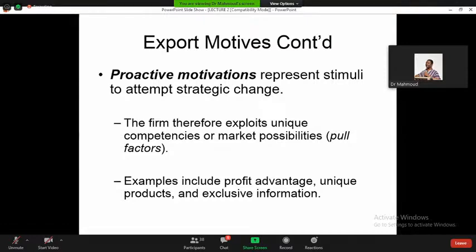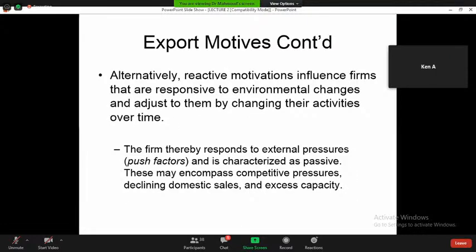Now, the firm therefore exploits unique competencies or market possibilities. These are the pull factors. The examples include profit advantage, unique products, and exclusive information. Alternatively, the firm may go for reactive motivations, where firms are responsive to environmental changes and adjust to them over time.